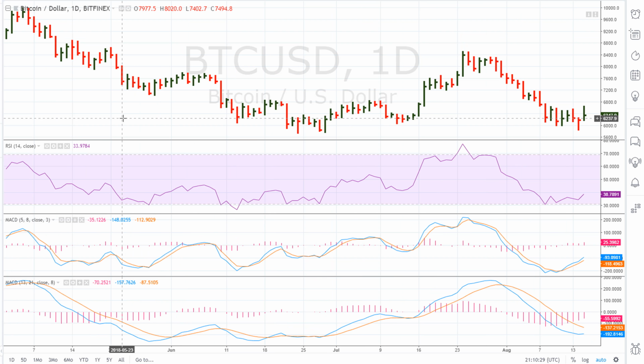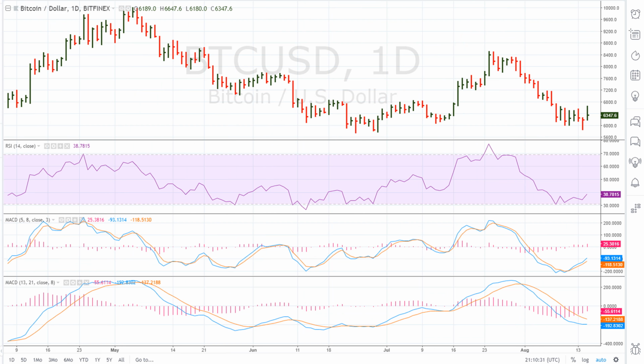Now, I can also argue here on the RSI, on the daily, that we are coming to a level where it's going to have to decide whether it has the strength or not. And the simple way of looking at it is this line here, which gave us the recent break.